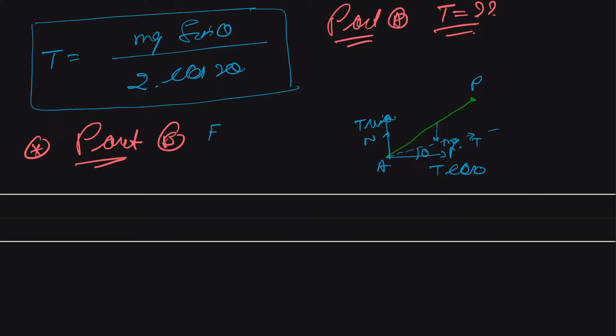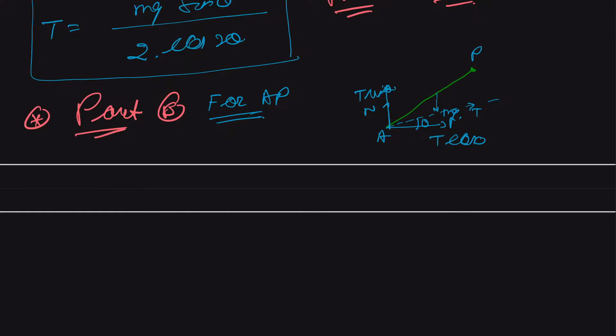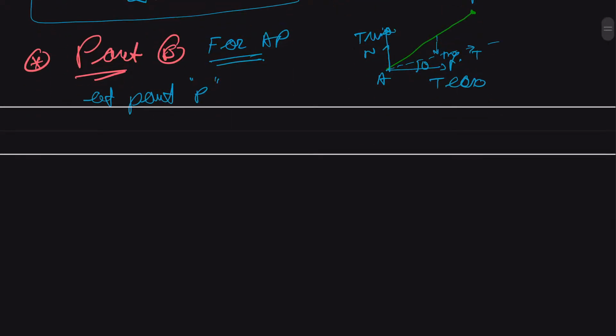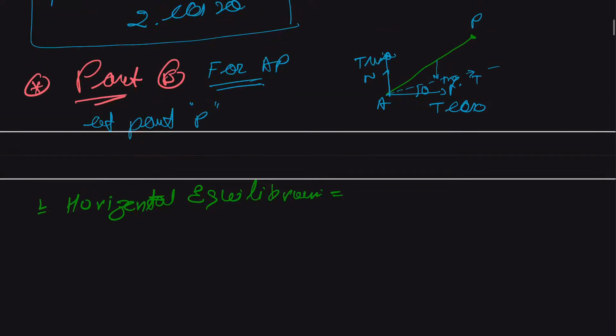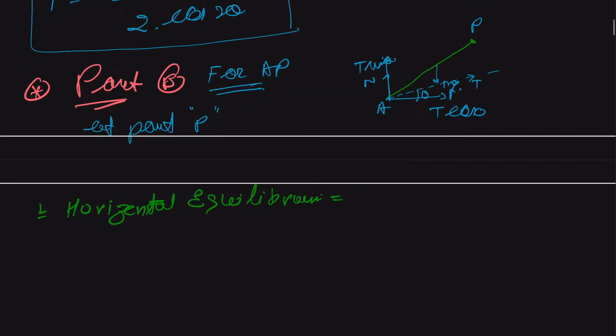So we can say for AP at point P, for horizontal equilibrium, we can write h of x plus T cos of theta is equal to 0.